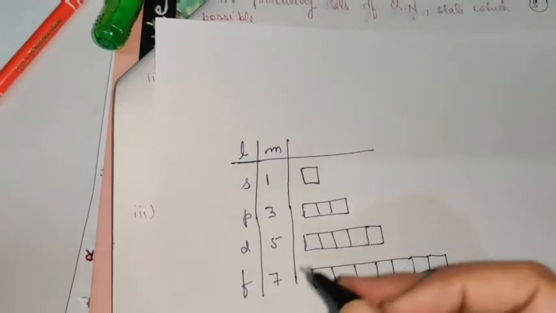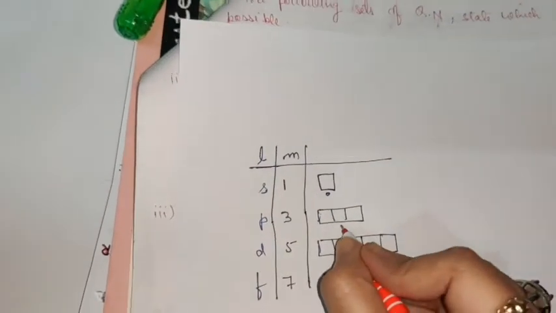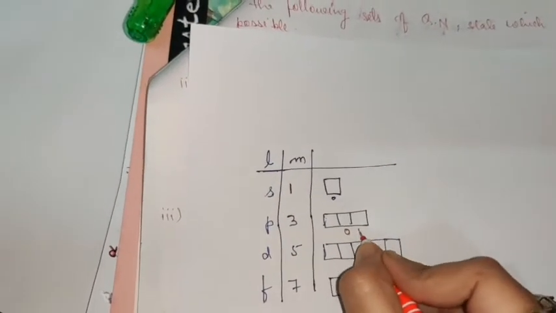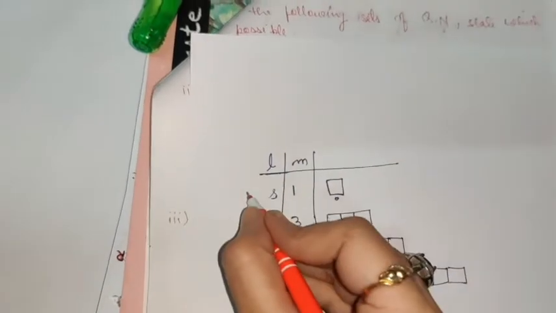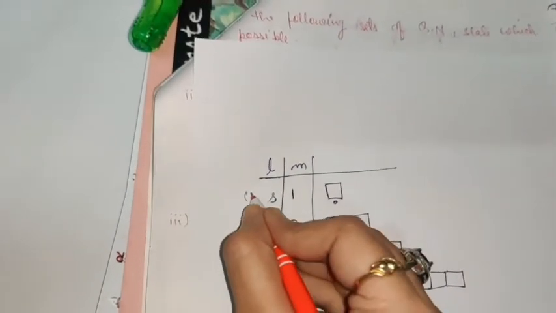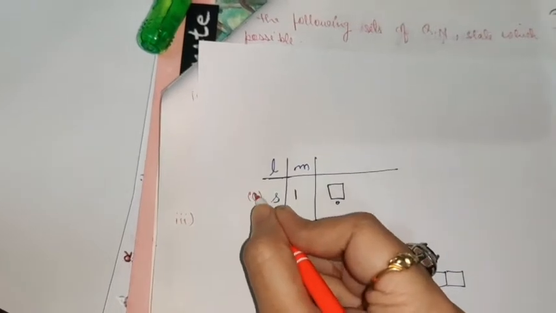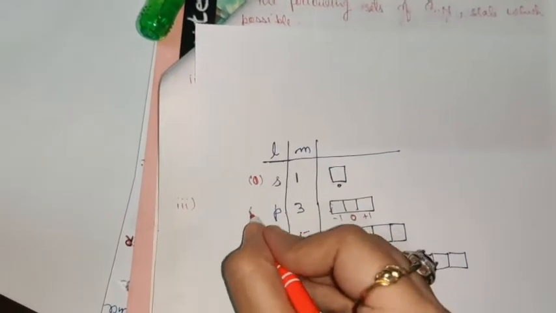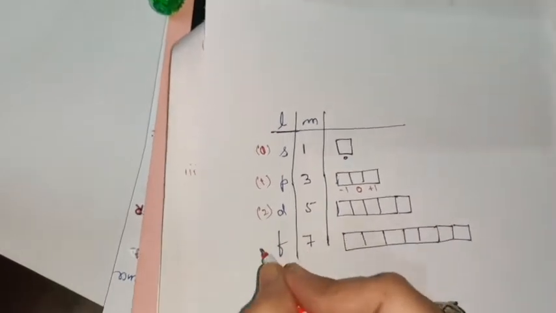The value of m for S is 0. For P it will be 0, plus 1, minus 1, and for this we know that for S the value of l is 0. For P it is 1, for D it is 2, and for F it is 3.